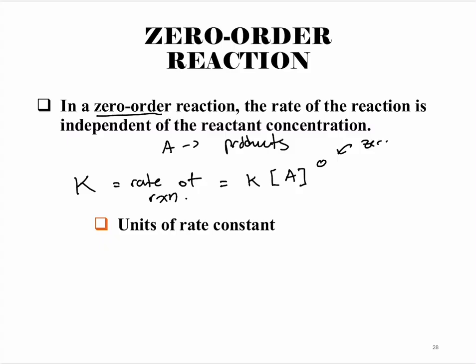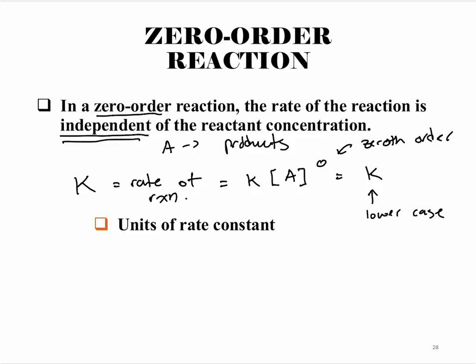And anything raised to the power of 0 is equal to what? 1, right? So this is equal to just lowercase k. This means that as the concentration of A changes, the rate of the reaction doesn't change at all. It's independent of the concentration of A.